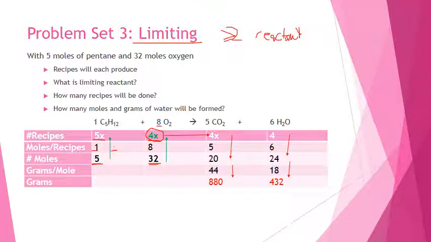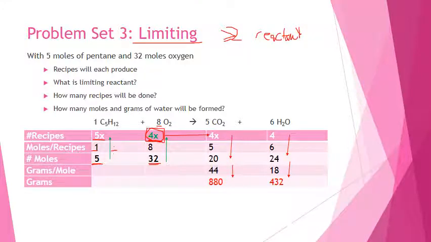So I'll do it 4 times, and then when I get to the 5th time, I can't do it anymore because I don't have enough oxygen. There's enough pentane, but there's not enough oxygen. All right, so this is what we call our limiting reactant.